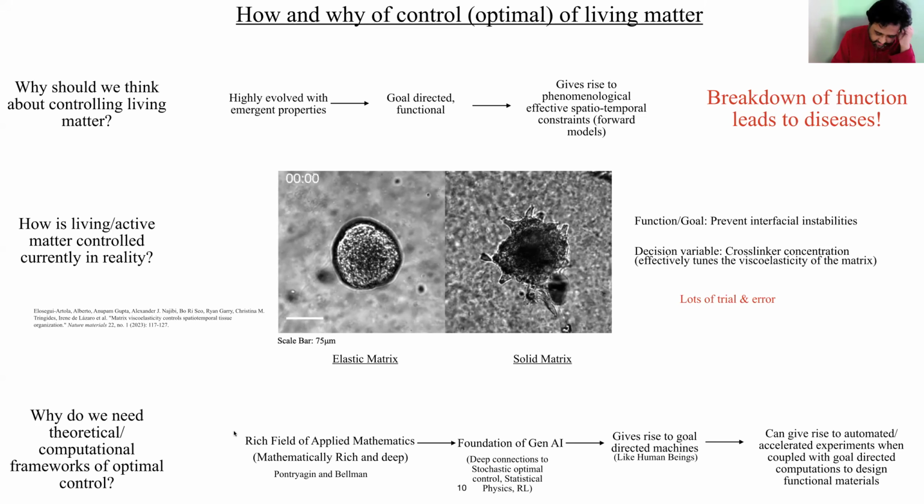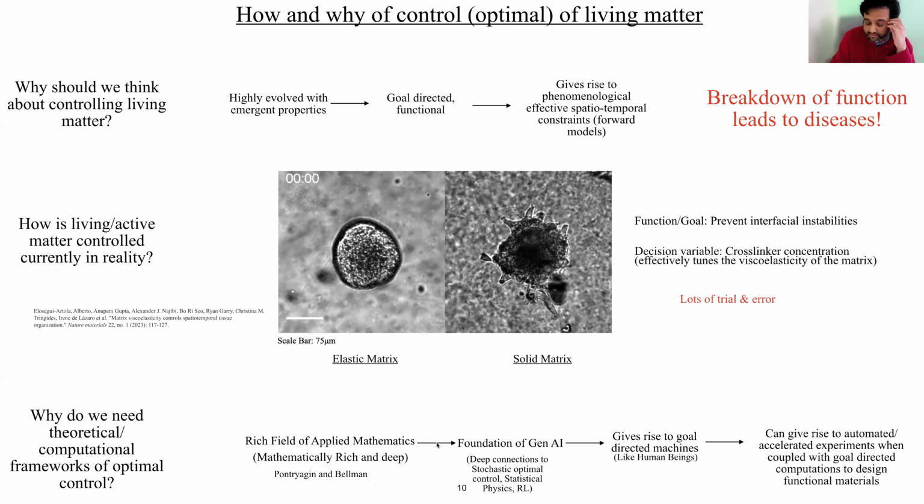This is a very rich field in applied mathematics, very well established, done through the 1960s and 1970s by mathematicians like Pontryagin and Bellman. However, this is generally not taught in applied mathematics or in the physics department. But it is very pertinent because in active matter, we are dealing with non-equilibrium systems, which can themselves be living objects. So these theories, which were developed for goal-oriented machines, are very pertinent to the theories of active matter.